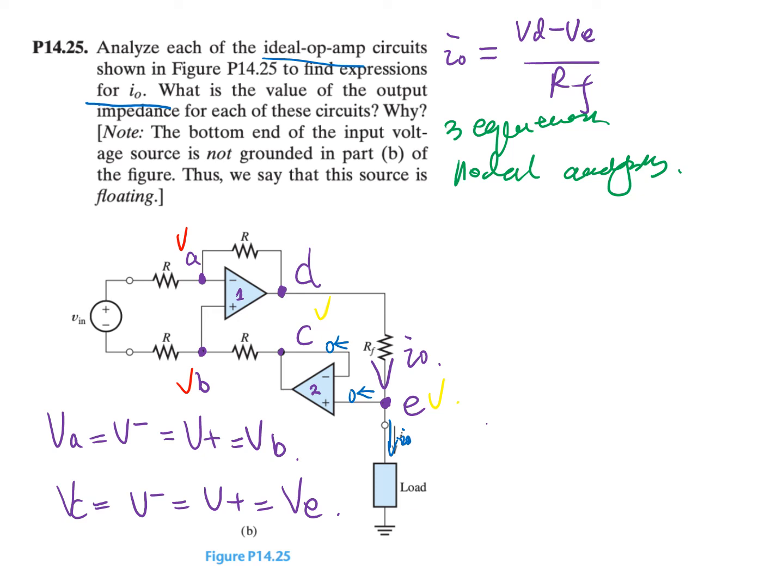So let's first do it at node A. Now we can see that Vin is not connected to the ground, so that's a floating source. In that case, we also need to label the node voltages for the nodes here. This is V1 and then this is V2.